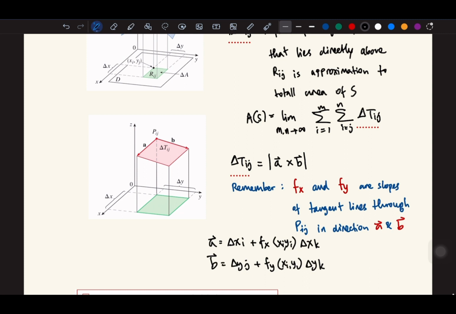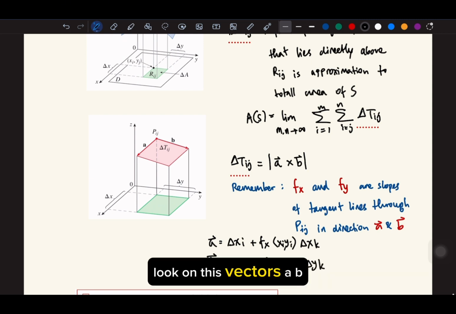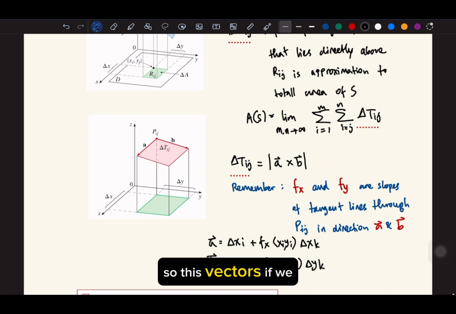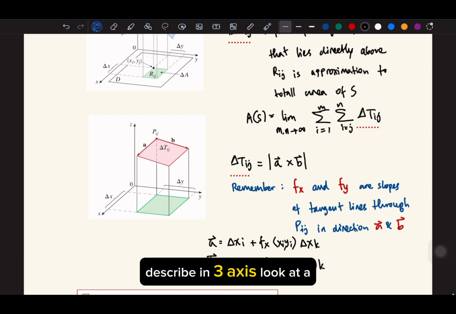Practically, if you are confused about what A and B are, you could look at these vectors. If we describe them in three axes, look at A. In the x-axis it's delta x.